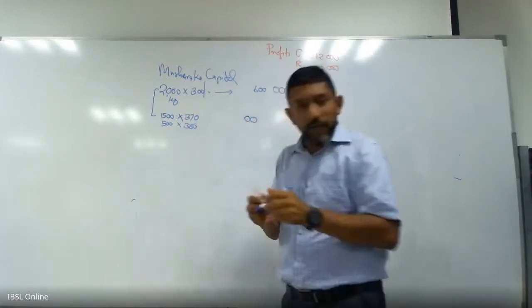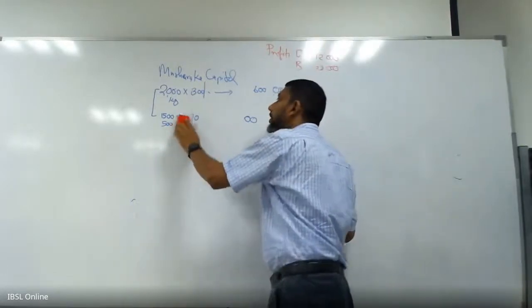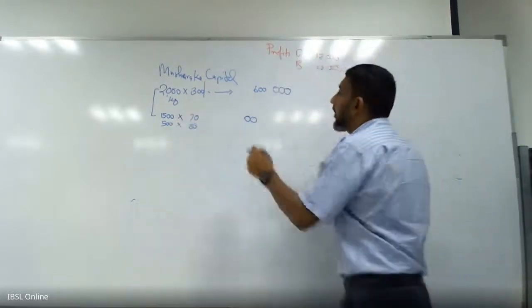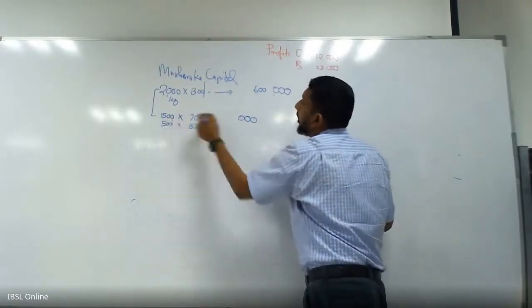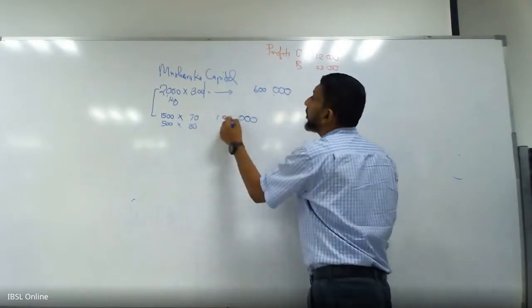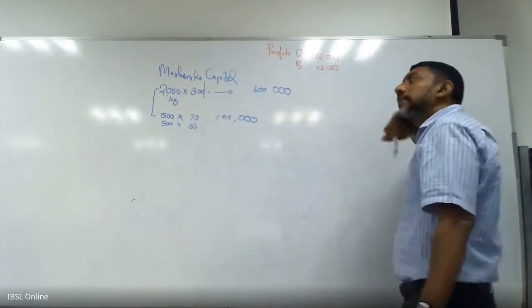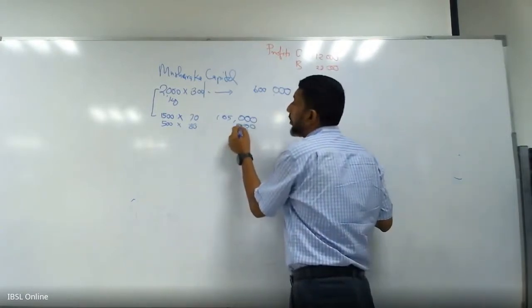Sorry, I'm calculating only the profits. I will calculate only the profits. So 70, 35, 105,000. And 500 into 80 is 40,000.